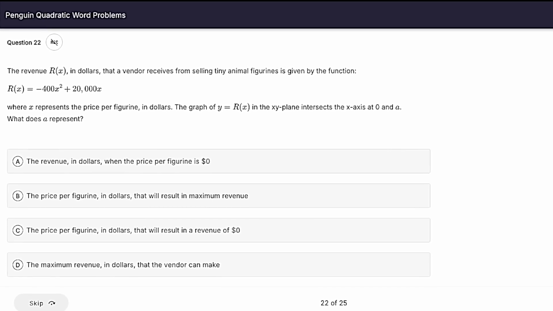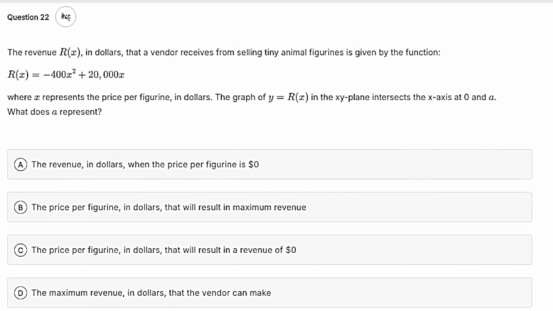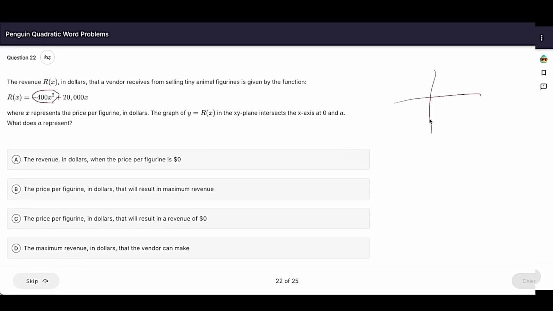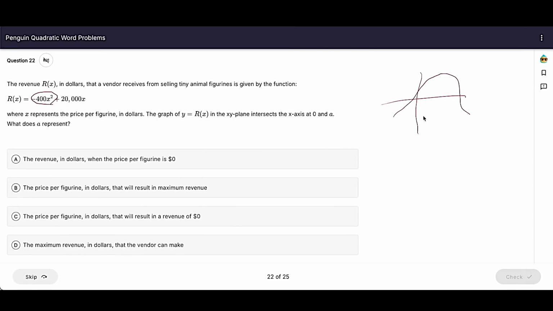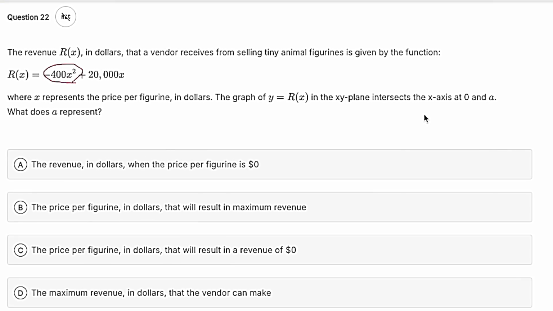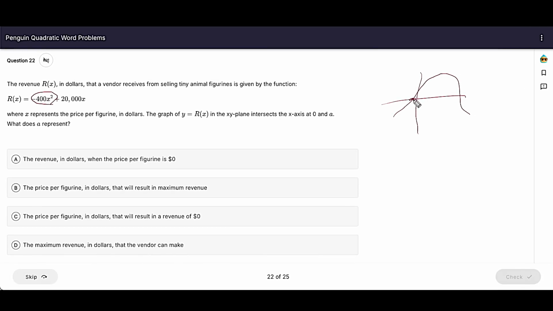And we don't even necessarily have to use Desmos to graph this, but I think it helps to visualize. We know that we have an upside down parabola because of this. So basically we have something along the lines of this shape, right? So if it's asking us about intersecting the x-axis at 0 and a, that could either be here or here.